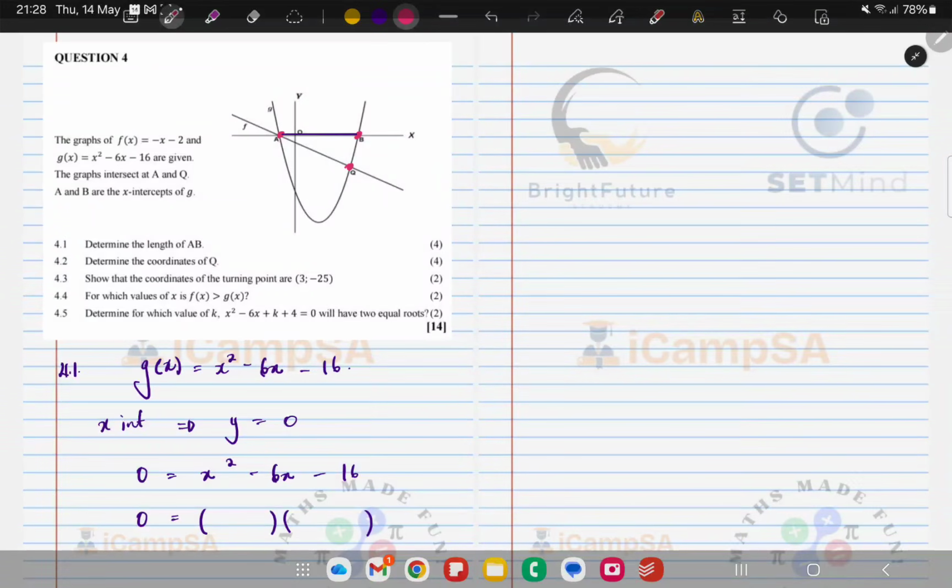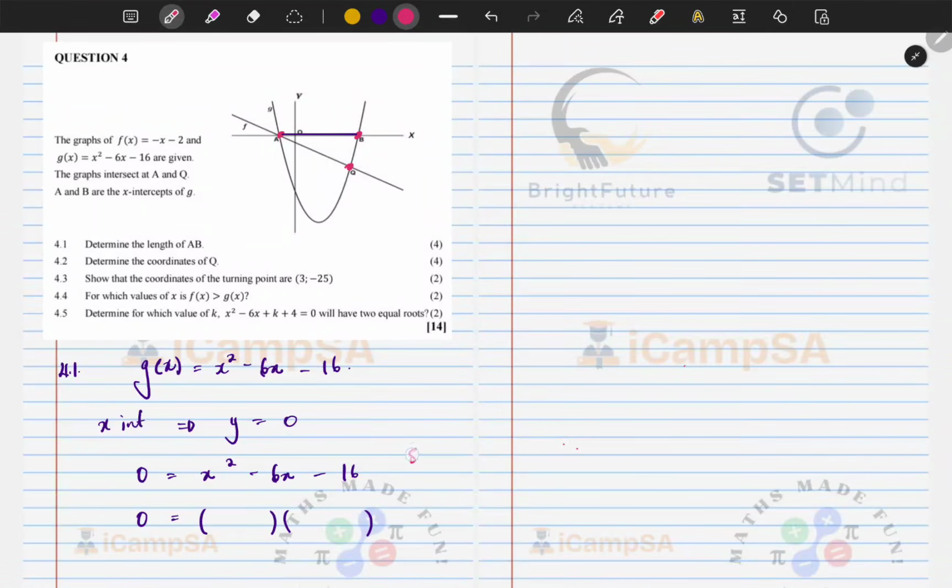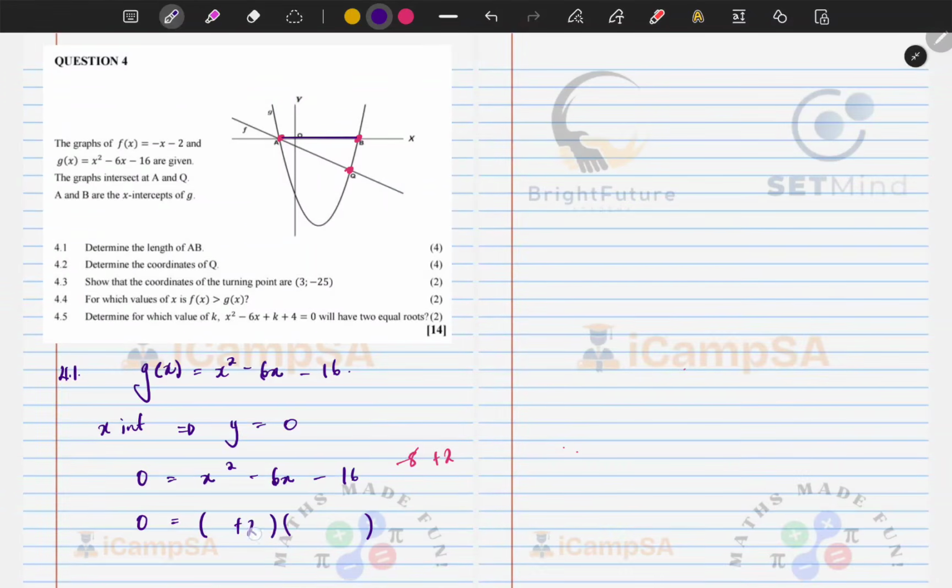The factors that I can think of are 8 and 2. Which one has to be positive and which one has to be negative? Minus 8 plus 2 is going to give me negative 6. So I can say x plus 2, x minus 8, and therefore my x is going to be minus 2, or x is going to be 8.